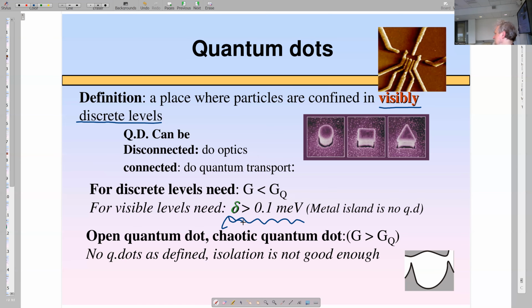The dots without metallic leads, conducting leads, and those with leads. So in this case, you can see how electrons will pass through these dots. Here, it looks like you cannot assess this, but what you could do is to do optics. All right, so there are examples of the dots.